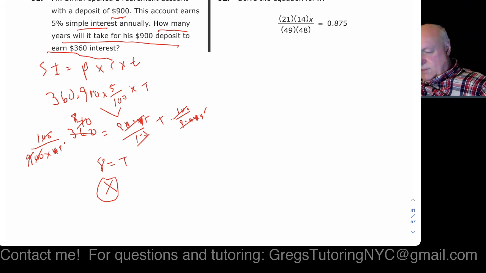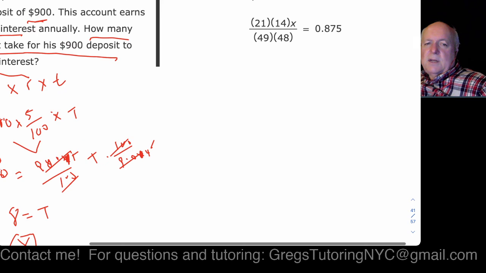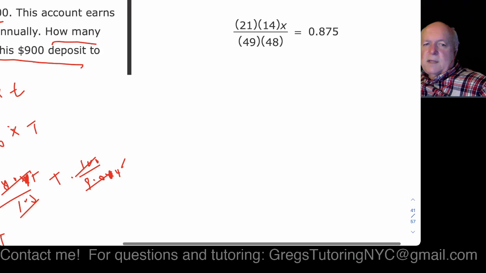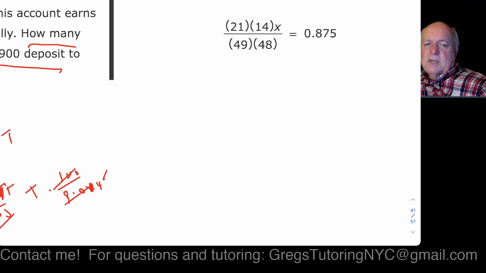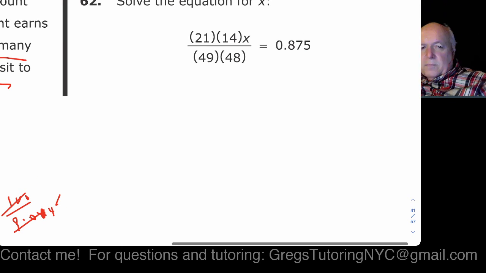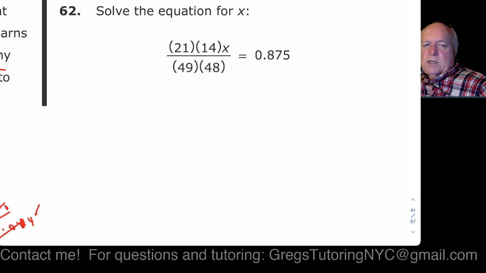Okay? 62 creates a big catastrophe for a lot of students because there's a few things that kick out from it that you guys kind of should know. So you don't really need to do those multiplications. You can cancel out stuff if you want, and there's multiple cancelings out.